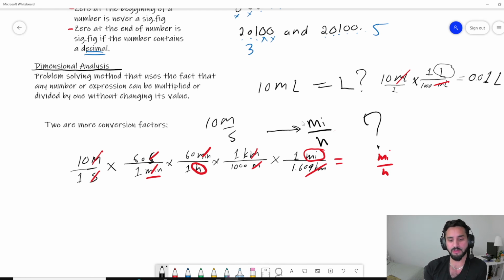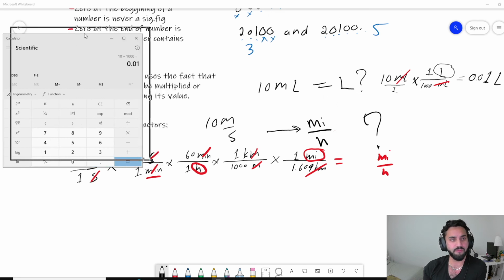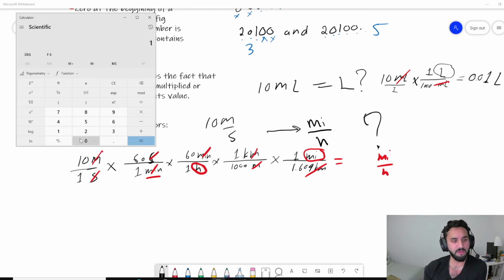If we do our calculation, let's do that quickly. How I usually do this is 10 divided by 1. I ignore the 1 and just move on to the next step, times 60. So 10 times 60, I get 600, and then times that again by 60, because we can ignore the 1 here.